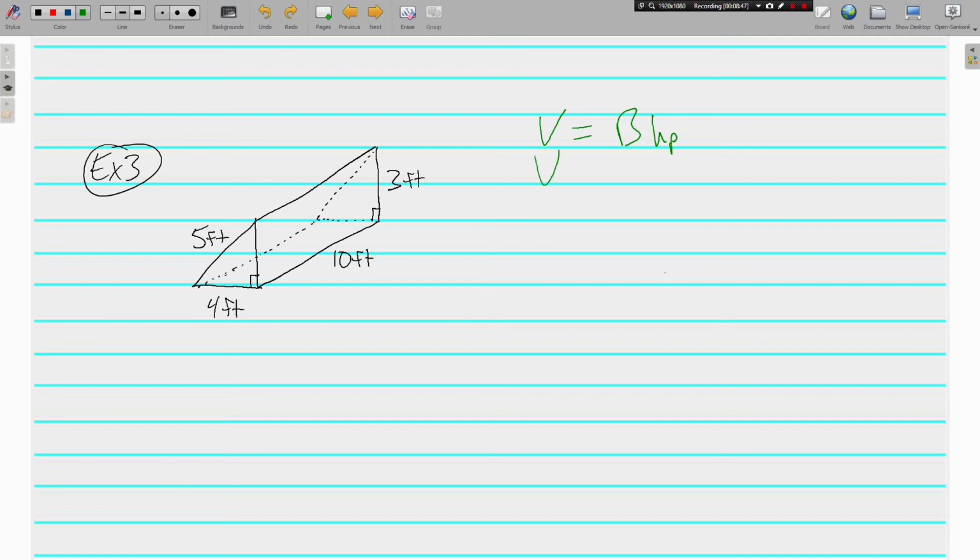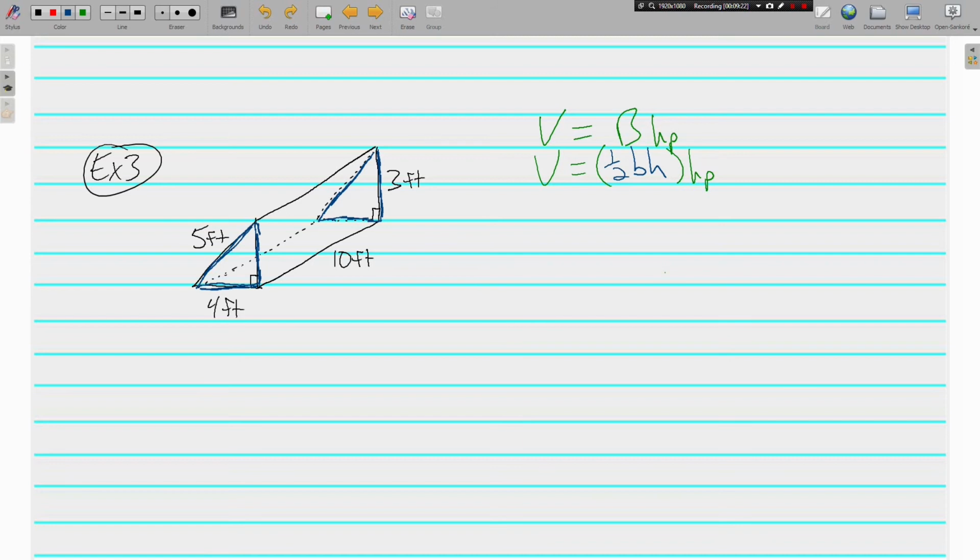The difference here is that instead of using base times height for capital B, we're going to use half base times height, because the bases are triangles. The base is not a rectangle. Just because it's on the bottom, that doesn't matter. You have to use bases that are opposite, parallel, and congruent. The same on both ends.